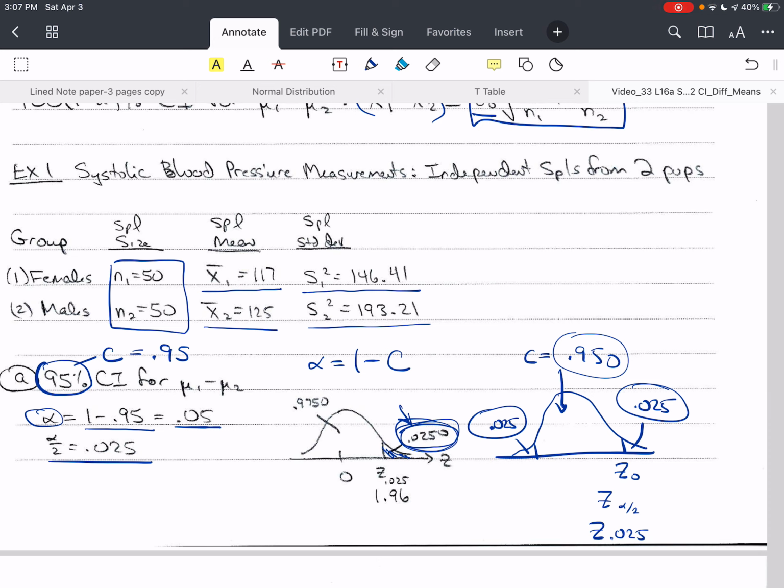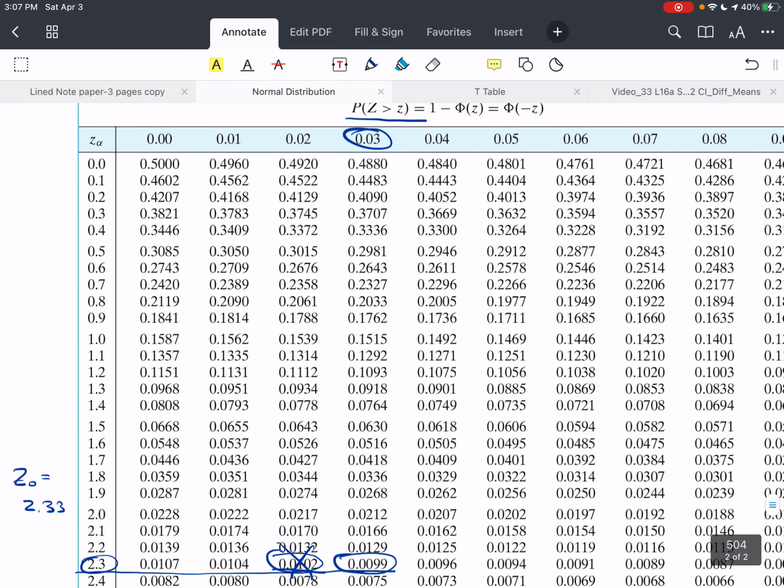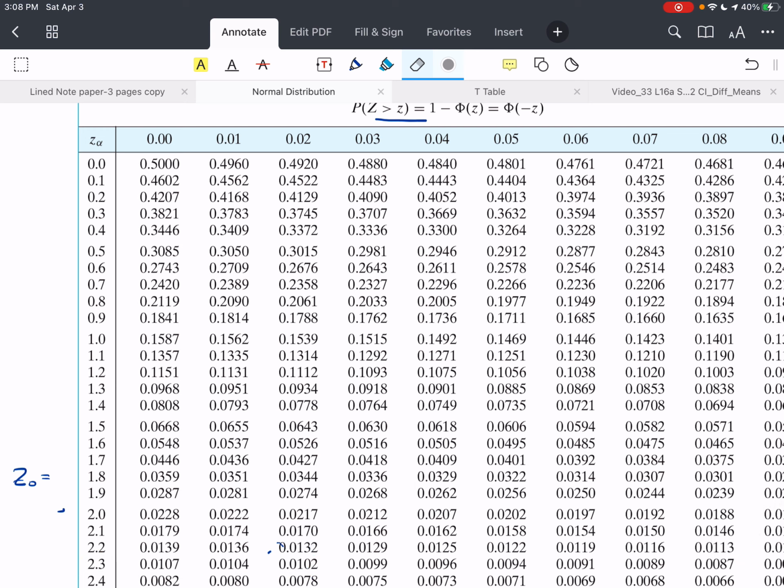I'm sorry. We were looking for 0.025, not 0.01. So thinking of a different problem. So we need 0.025, I apologize. So inside the table, and please make sure you keep your decimal places clear, I've got these three values. So I've got exactly 0.0250.